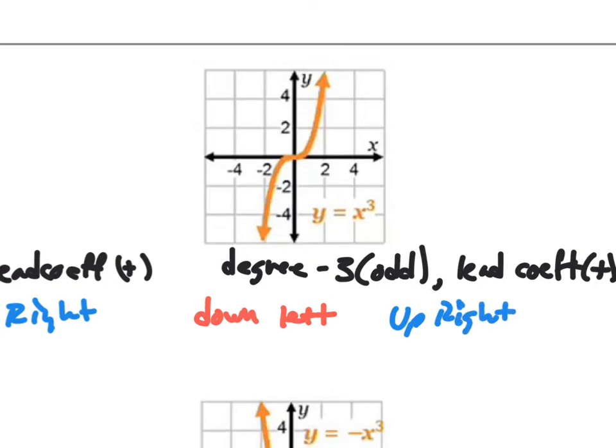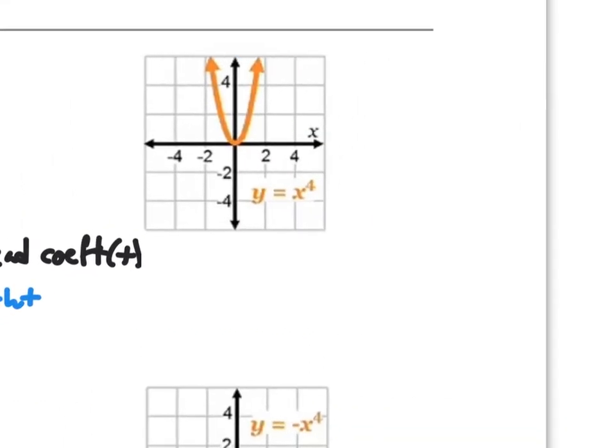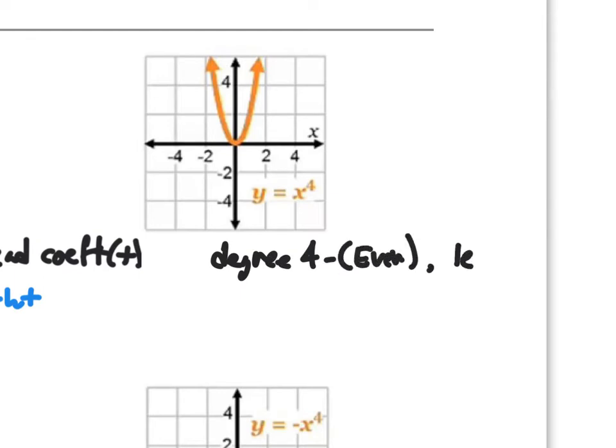And then similarly with y equals x to the 4th, our degree is 4, which is an even number, and our leading coefficient is positive. That means that we're going to go up to the left, and then up to the right.